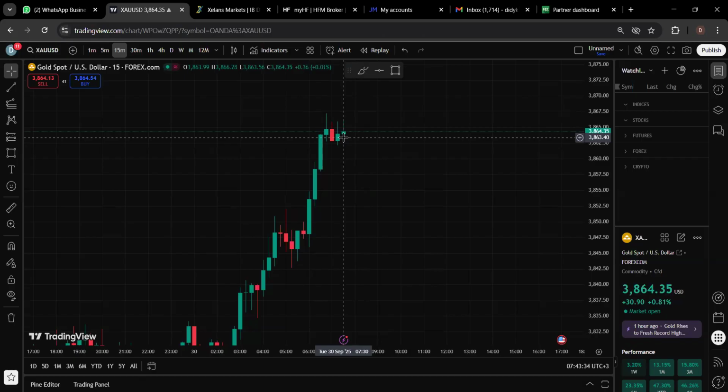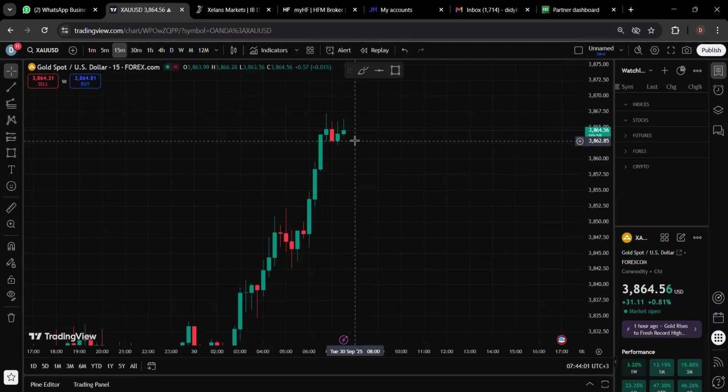We can't say this chart is made for Africa or for people in the UK or USA. It cuts across the globe. The price and the reaction you are seeing here, the candles forming here, are the same candles you'll see from your end. So don't say I'm teaching you this while in Dubai, then when I come to Kenya, it will be something different. This is the same chart everyone is seeing in the whole world.